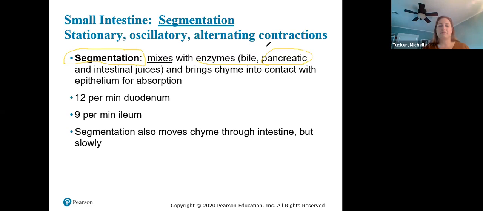Those are going to be made by the liver, stored by the gallbladder. The small intestine will provide some intestinal juices, some mucus as well, but most of the enzymes are going to come from the pancreas. For segmentation, it's 9 to 12 movements per minute. It moves chyme through the intestine, but slowly.